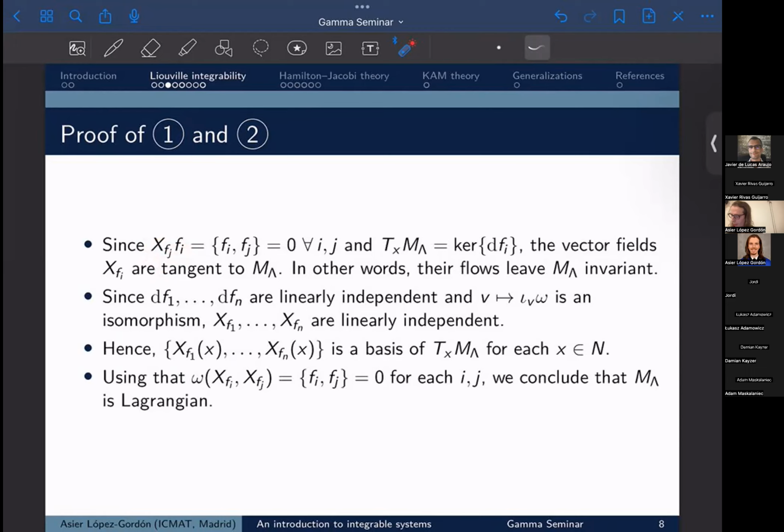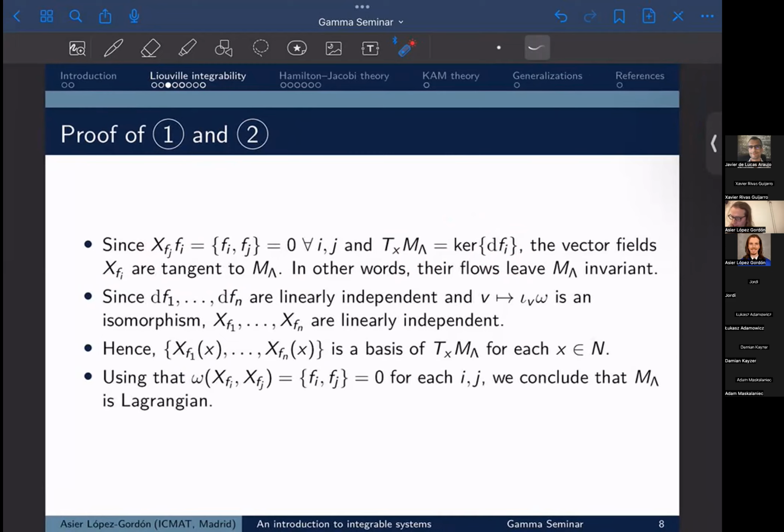But we can write the tangent space of M lambda as the kernel of the differential of these functions, because this M lambda is just defined as a level set of Fi. And hence, these vector fields are tangent to M lambda. Or what is the same, their flows leave M lambda invariant. So we have proven the second statement.